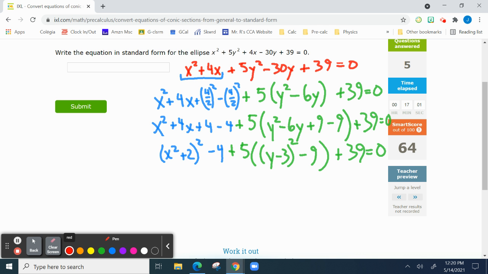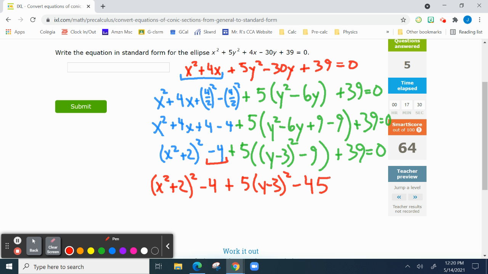So I've got x squared plus 2 squared minus 4, that's just a constant, plus, and now I'm going to distribute that 5, and I'm going to go 5 y minus 3 squared minus 45.